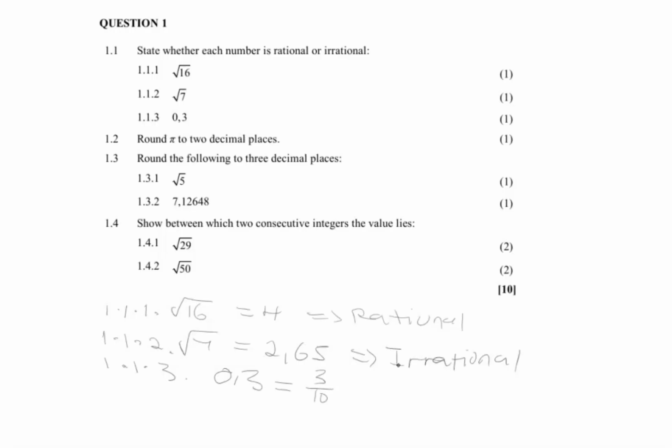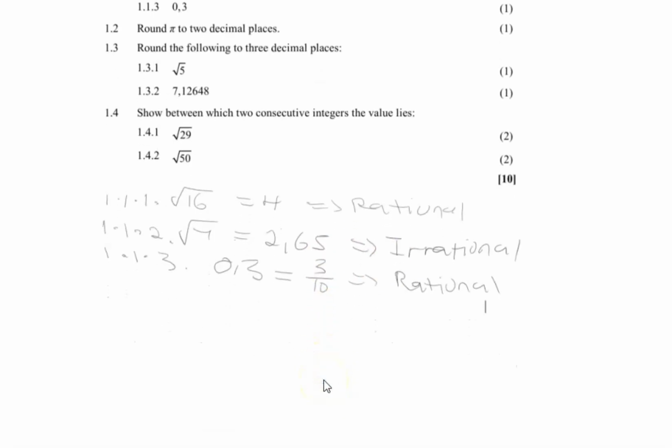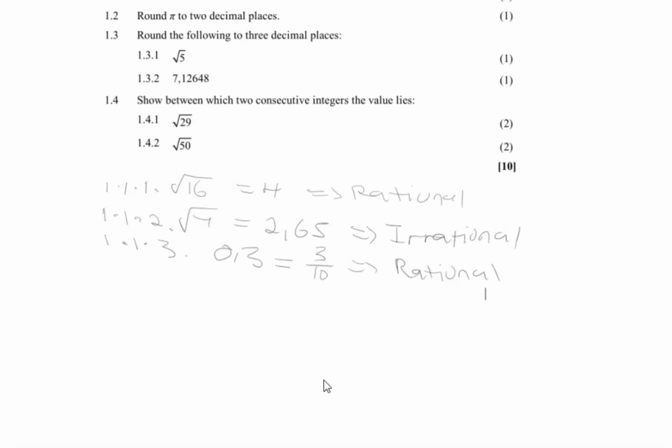So this number can be written as a fraction, which means it is classified as a what? A rational number. So the square root of 16 is rational. The square root of 7 is irrational. And 0,3 is rational. So we are done with this question. Let's go to the next question, which is question 1.2.